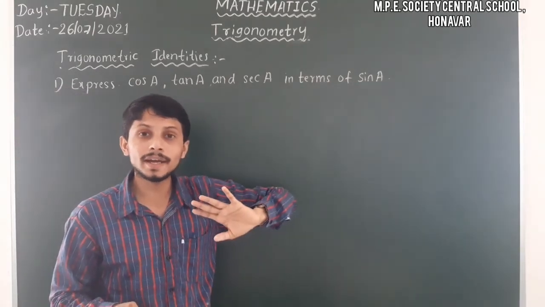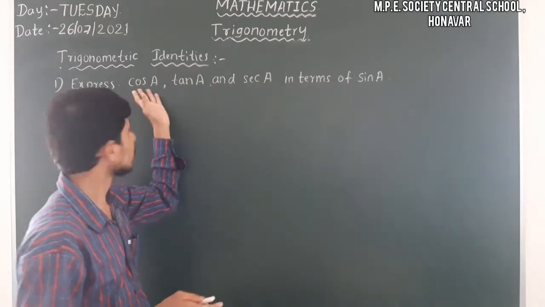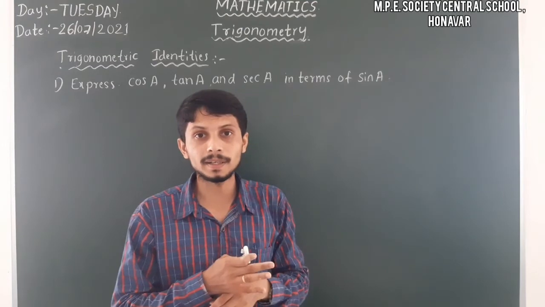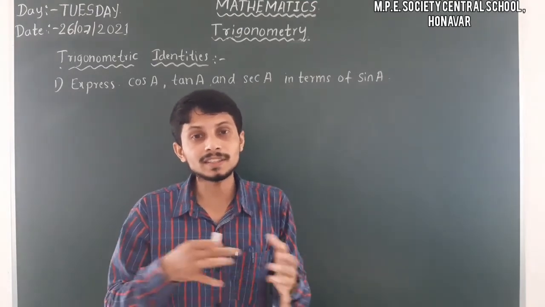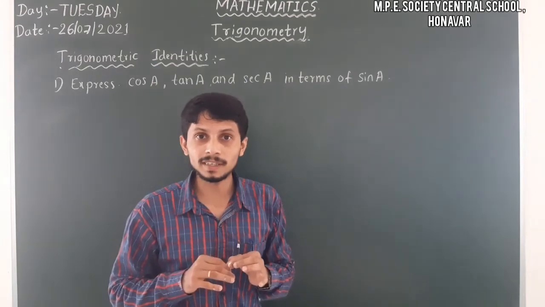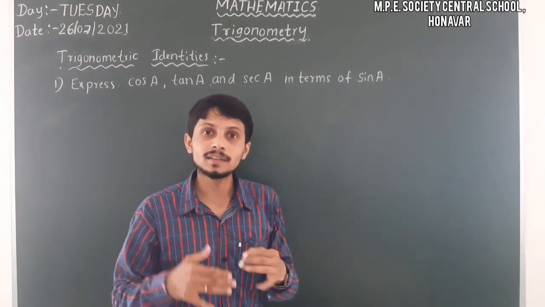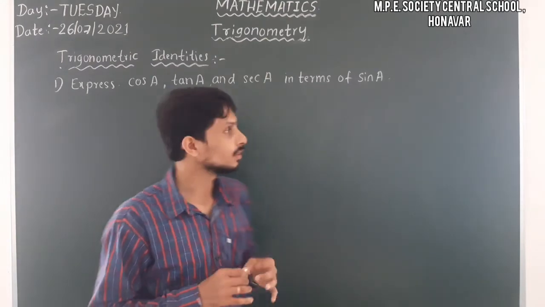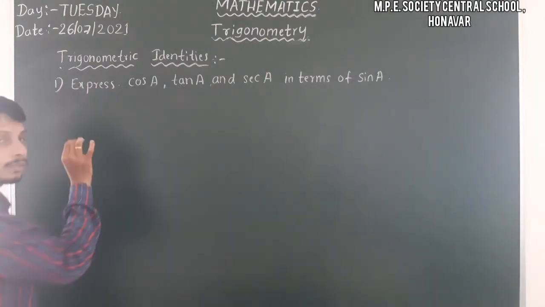Already you know that sin A and cos A are related by the first trigonometric identity. So firstly let us take the first trigonometric identity and relate the sine and cos functions. Take equation number 1.